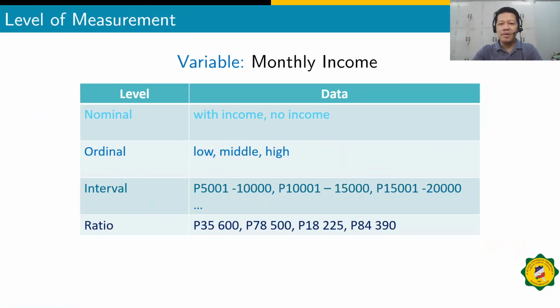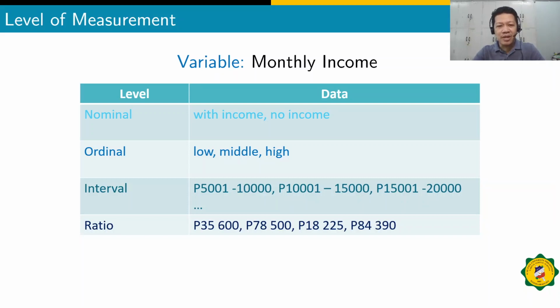Let's have an example of a variable, monthly income. If this variable is included in your survey questionnaire, the data to be collected can belong to any of the levels of measurement. Let's say you want your respondents to just choose between with income or no income.